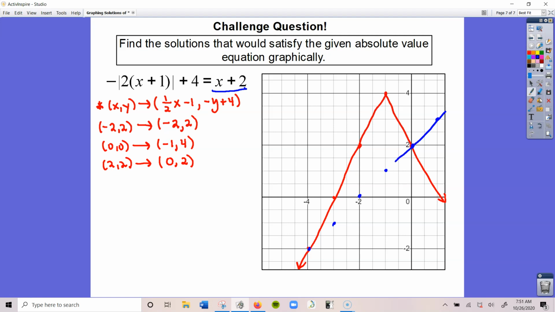And we would connect. Now we can see that our intersections are here and here. So our solutions are going to be x is equal to 0 and x is equal to negative 4. And that's how you graph absolute value equations.